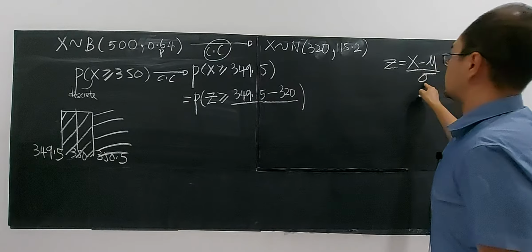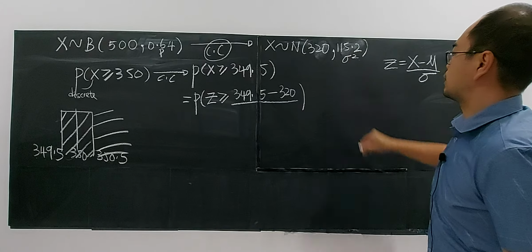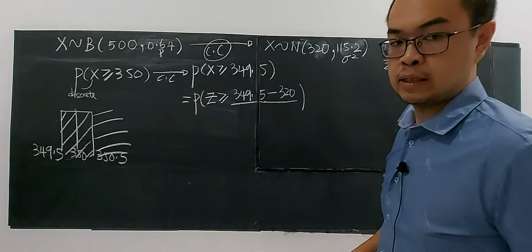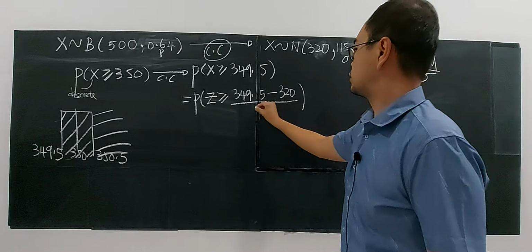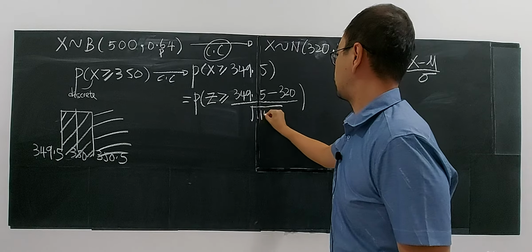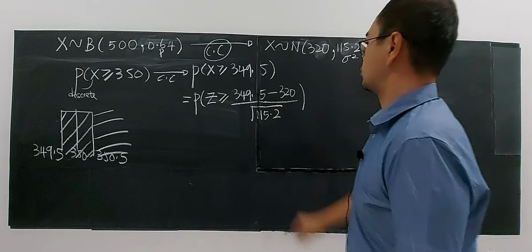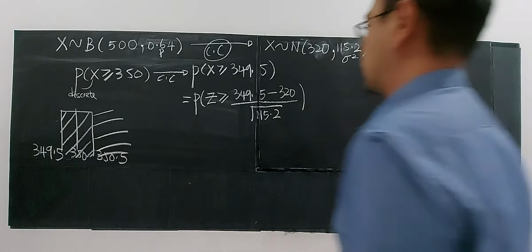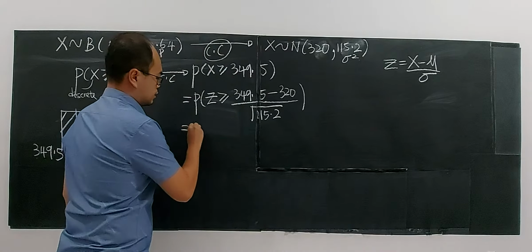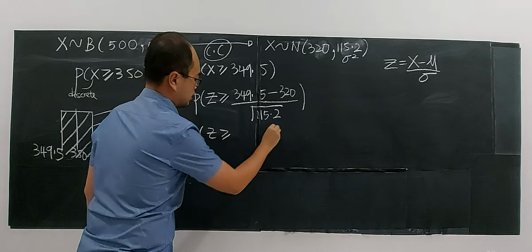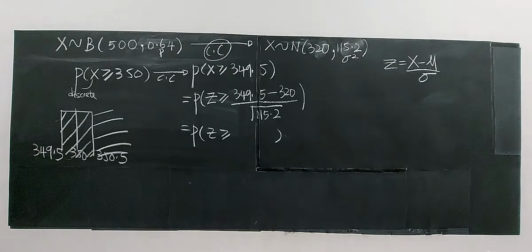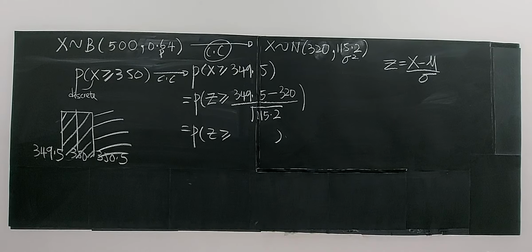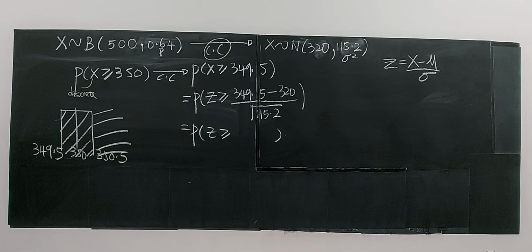This is the variance, sigma squared, so to find the standard deviation I take the square root of 115.2. Write it in the calculator and the value will be 2.75.